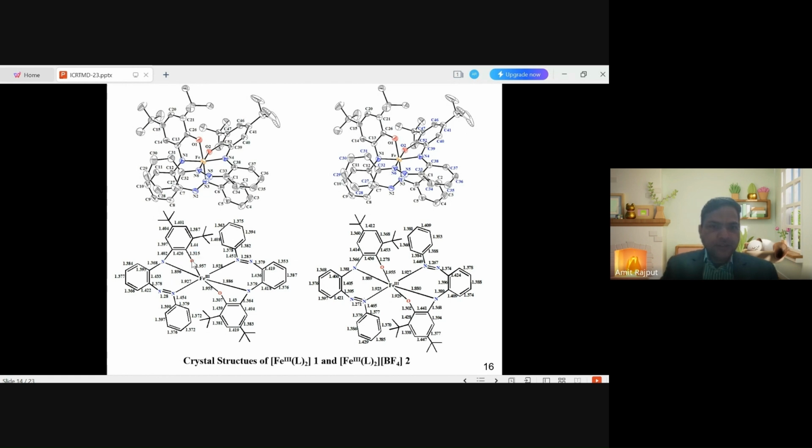The carbon oxygen bond length is 1.315 angstrom here and 1.307 angstrom here. Looking critically at the carbon nitrogen and these bond lengths for the one electron oxidized complex, they show there is some valence tautomerism, where electrons are not fixed at one position but highly delocalized from one ligand to the other ligand. How can we prove this?